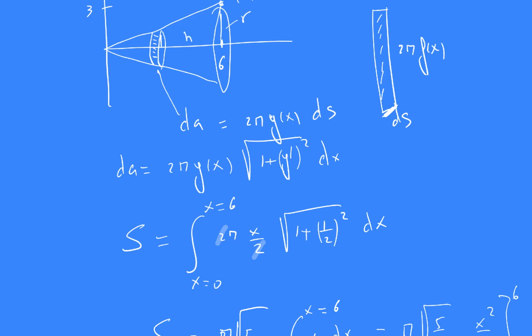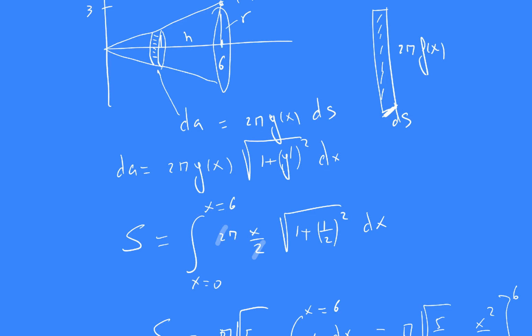Can you do it using this formula? I may ask you in a quiz or in a test. Can you try to do it? It's exactly the same thing that we have done. Only you integrate from x equals 0 to x equals h. And the radius r will appear where it will appear.